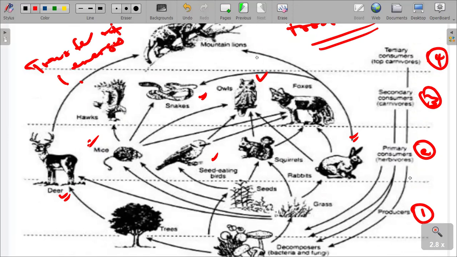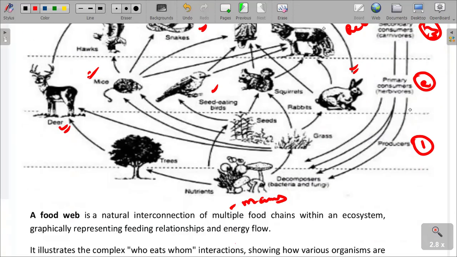They are also showing feeding relationships. So they are also showing transfer of energy and feeding relationships that you are seeing.